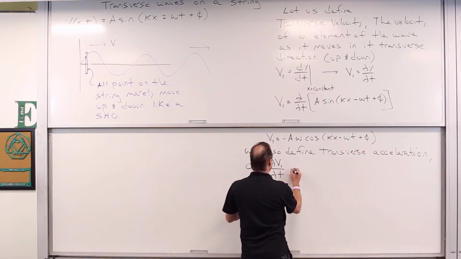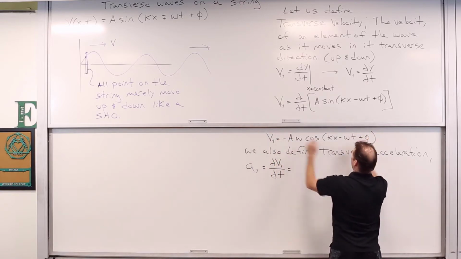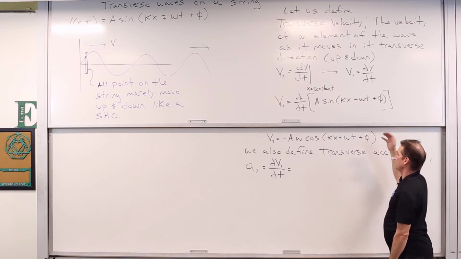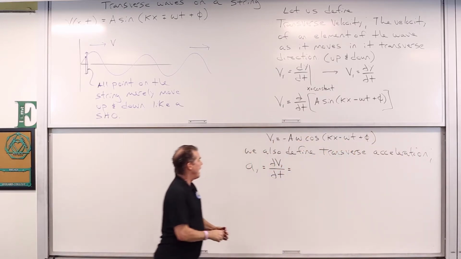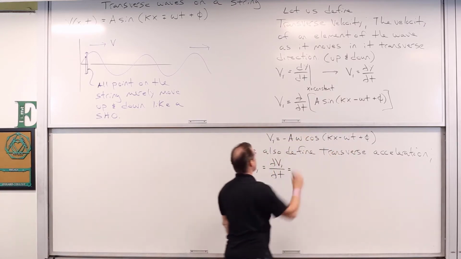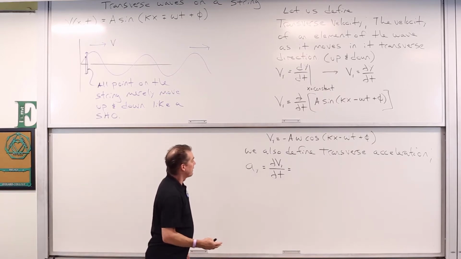And what do we get out of this? This is going to be equal to, well, we take the derivative of this right here. Cosine's an even function. We've got this negative sign there that doesn't end up doing anything. And we've got another factor of omega that comes out. The derivative of cosine is a negative sign.